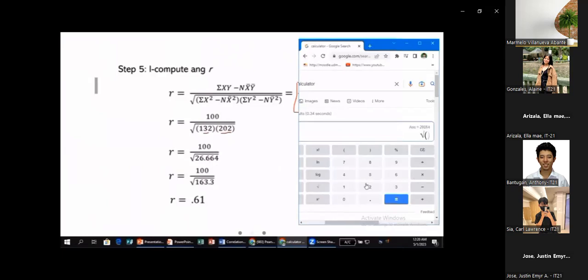Square root ng 26,664. So, yung magiging sagot is 163.3. Pwede na, actually, dapat wala na yung square root natin kasi na-square root na natin. So, ngayon naman, i-divide natin yung 100 sa 163.3. So, yung magiging sagot is 0.61.